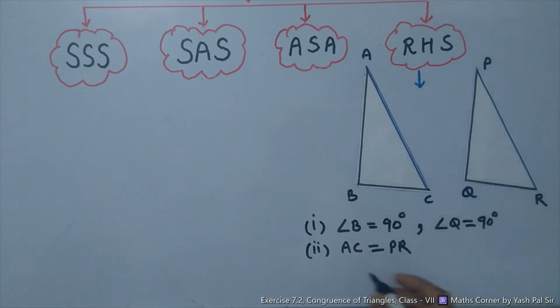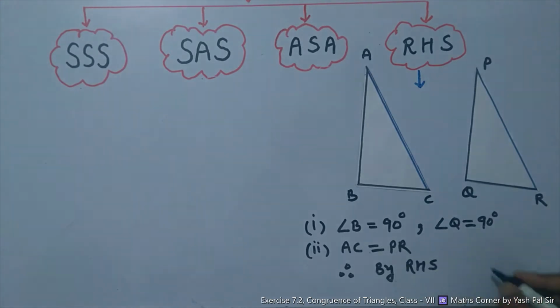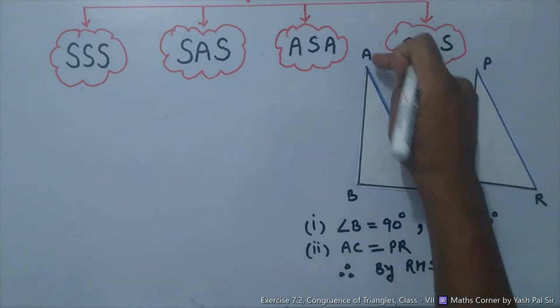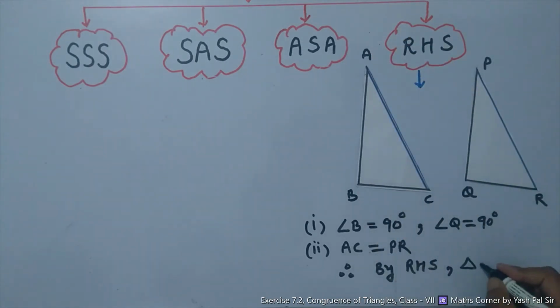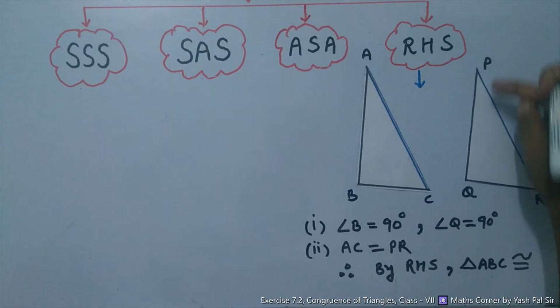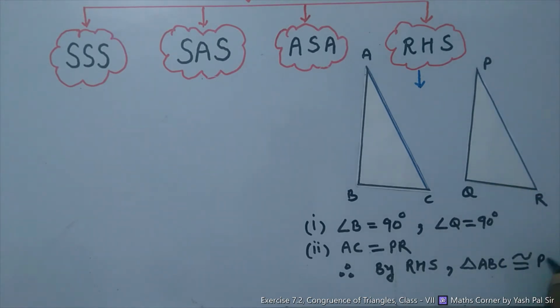Therefore we write here by RHS criteria for congruence of triangles: triangle ABC is congruent to triangle PQR.